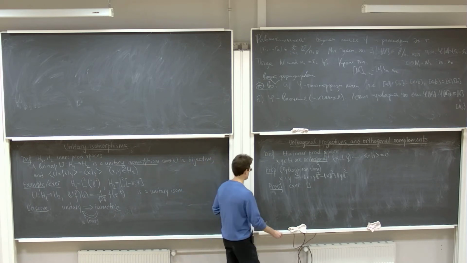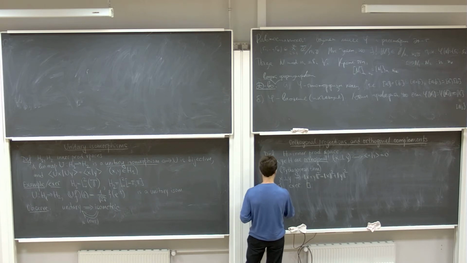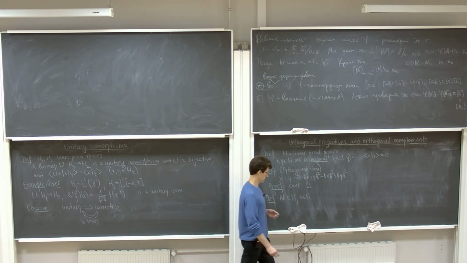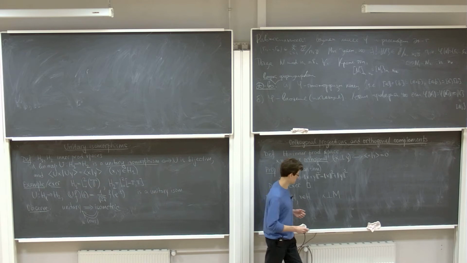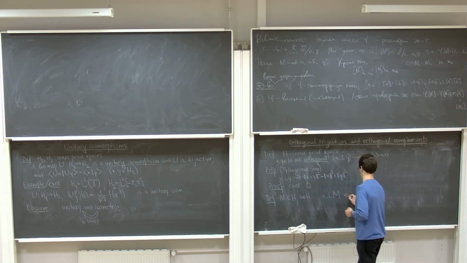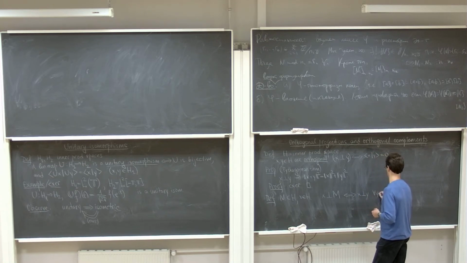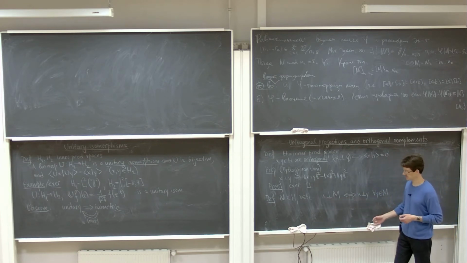Okay, now suppose that M is a subset of H, and x is a vector. And we say that x is orthogonal to M, and write the same symbol, if x is orthogonal to each element in M. And the set of all such elements x has a special name.